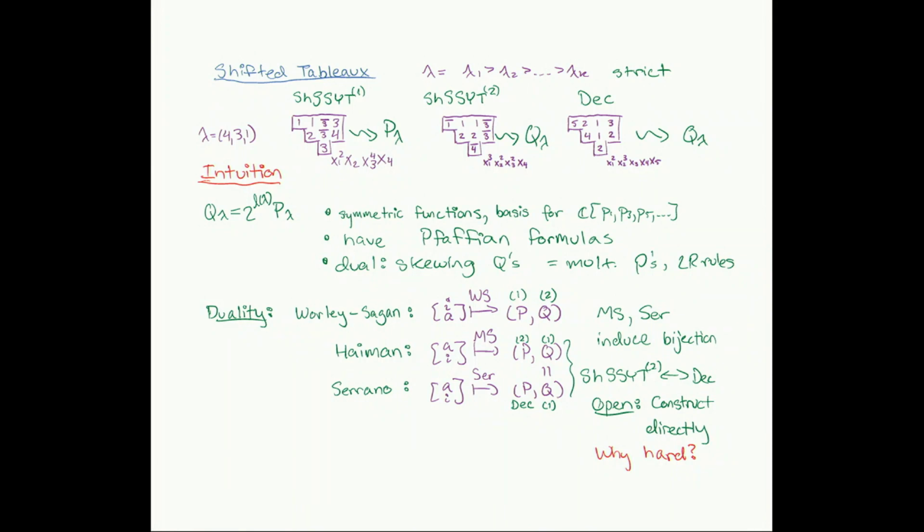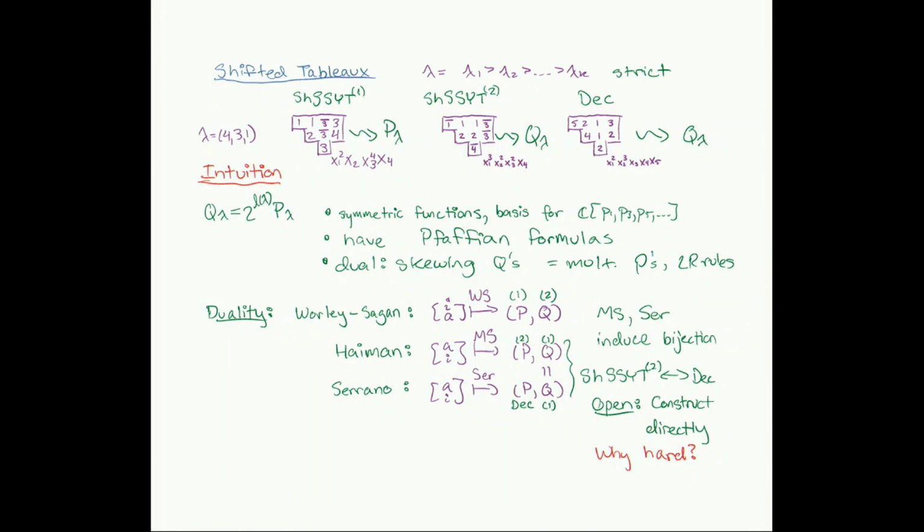The rule that I just presented on the previous slide is really a true product rule: you're taking two symmetric functions, sticking them together somehow, and multiplying. So the duality is that multiplying two P functions is the same as skewing a Q function, and likewise, multiplying two Q's is the same as skewing a P.